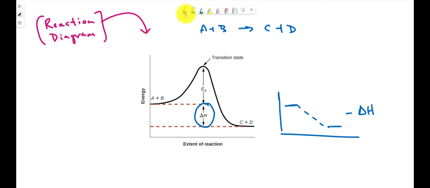What we're doing here now is actually adding a little bit more nuance. Once we start to understand kinetics, we know that it's not just the difference in the original and the final states that's important. It's also important to consider the fact that there's this increase in energy before you can get the decrease. We call that bit of energy right there, indicated by this EA here, the activation energy.